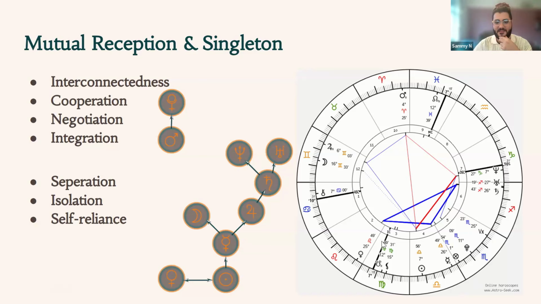So that Venus, even though it doesn't really have dignity, doesn't necessarily have debility either. It's like shared resources. The Sun has fallen there and Venus is peregrine, but because they're in each other's domiciles, that in itself is a little bit of strength in numbers. Again, resources through cooperation, to use one of your words, one of your 'tions'.